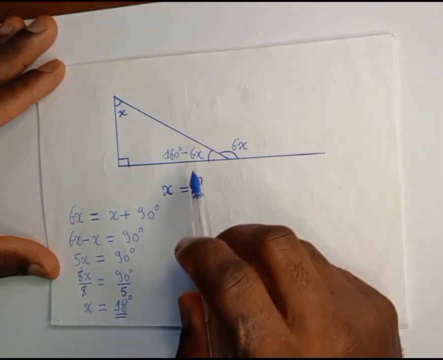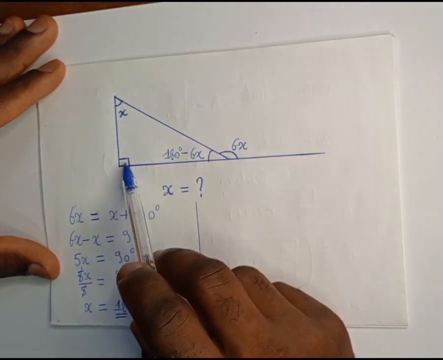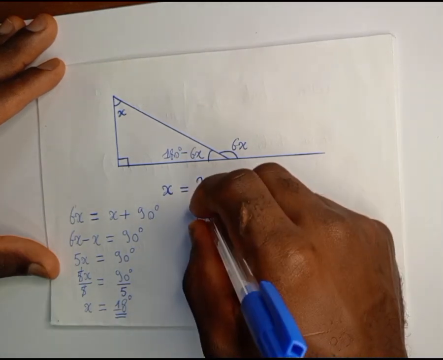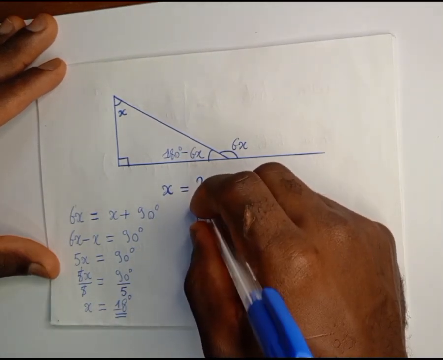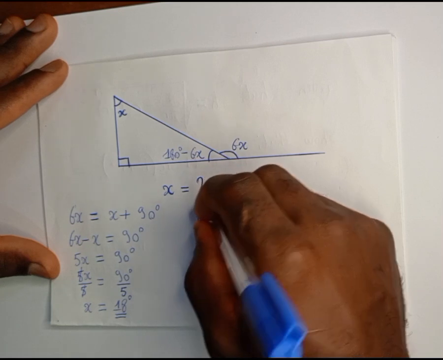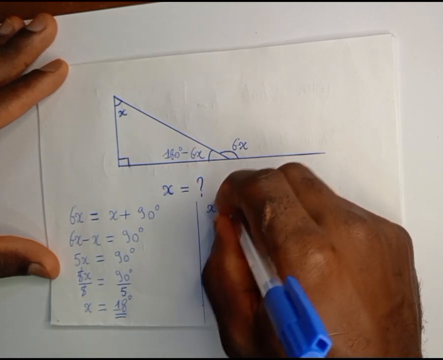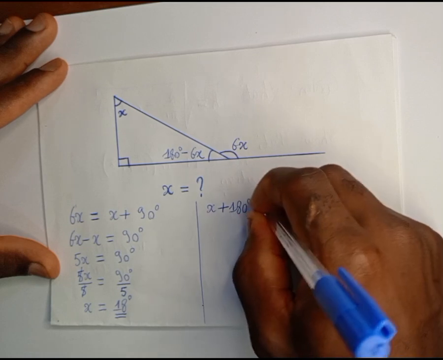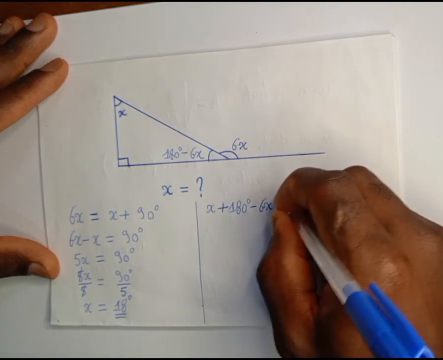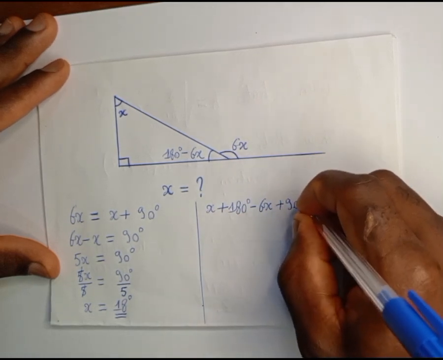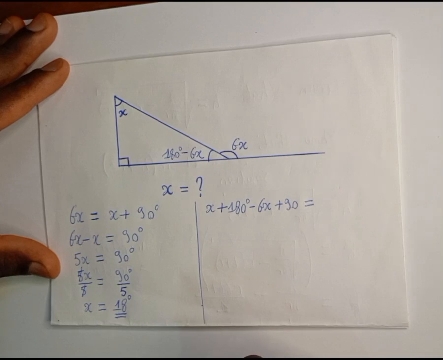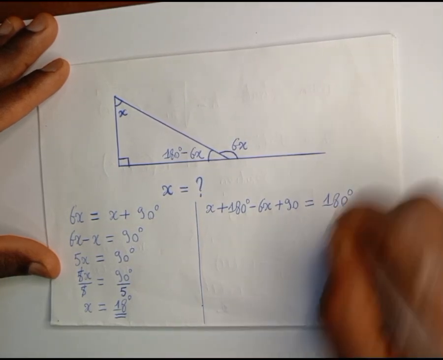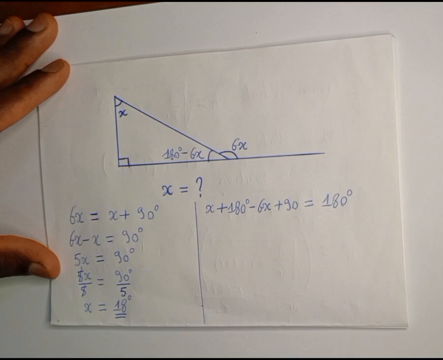Summing the interior angles of this triangle, x, 90 degrees, 180 degrees minus 6x, it will be equal to 180 degrees. That means x plus 180 degrees minus 6x plus 90 degrees is equal to 180 degrees as such.